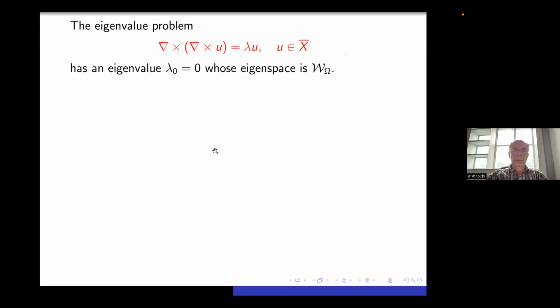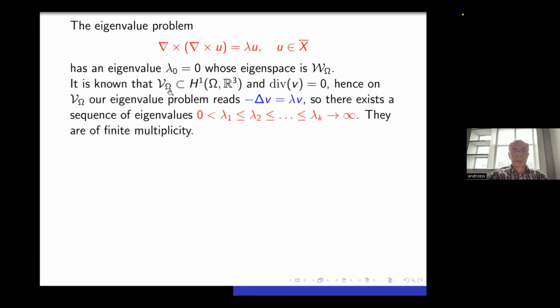Now if one looks at this eigenvalue problem, the first eigenvalue is lambda 0 equal to 0, and the eigenspace is the whole of W omega. And now V omega is contained in H1 omega R3.